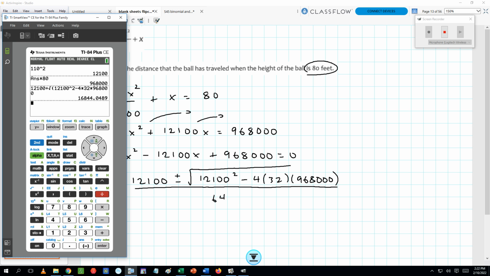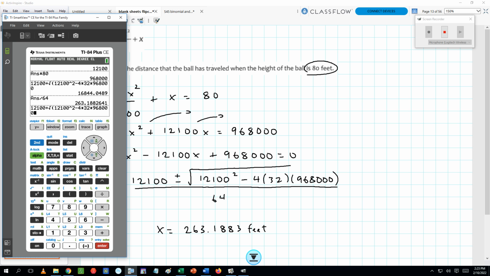And I'll divide that by 64. So x is equal to, feet. And second enter because I need to do plus and minus. So I'll change this plus here to a minus, enter.